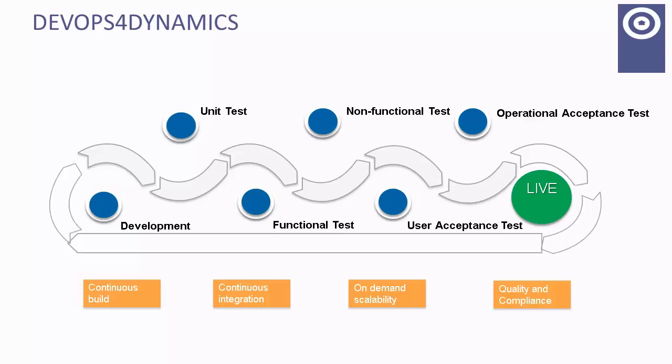Dynamics itself is the product we're landing to, and we're providing automated deployments. And Azure we sometimes use as a build server, so we tend to have a build server as an IaaS.